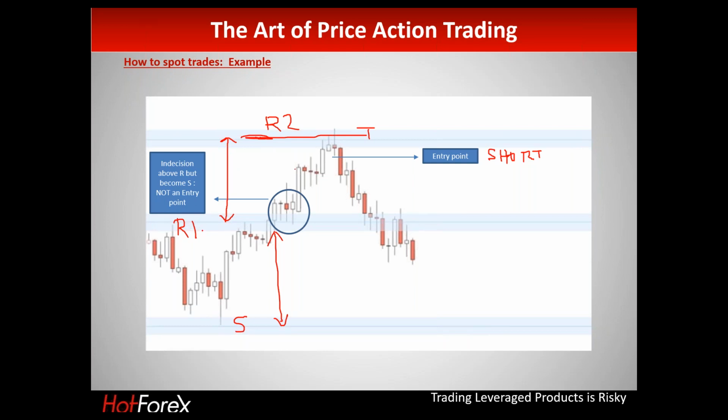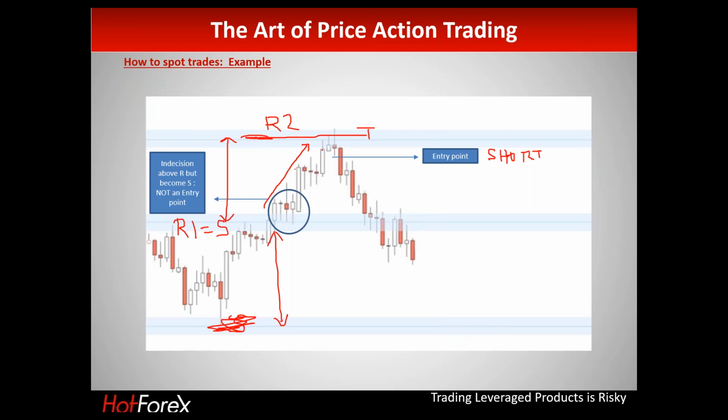So now the first resistance has turned into support, and my asset is moving within this range, between my new resistance and my previous resistance converted into support. It's moving higher and higher, but struggling to break my second resistance.